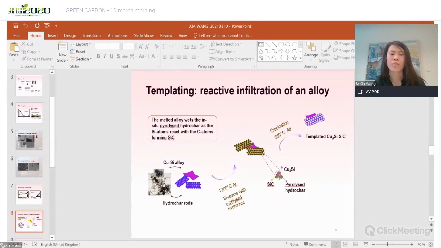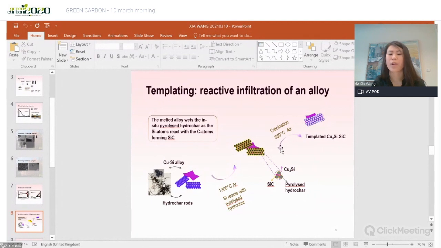And so the hydrochar would pyrolyze during this procedure, and at the same time, the pyrolyzed hydrochar would react with the melted alloy, and its carbon atoms reacted mainly with the silicon, forming silicon carbide on the surface of the spheres. And inside the spheres is pyrolyzed hydrochar, and there was still some alloy left.